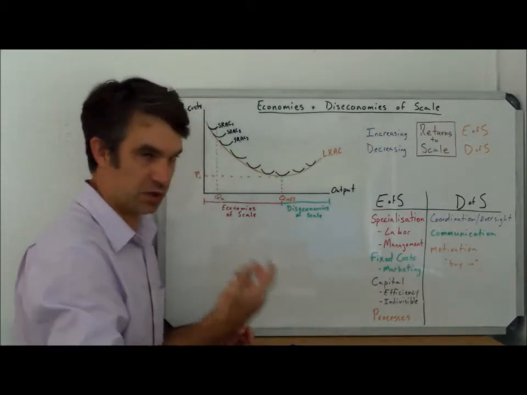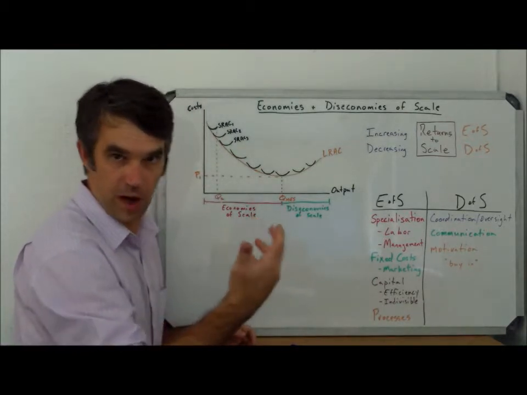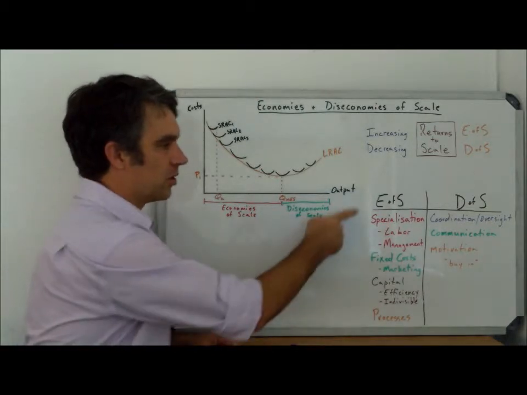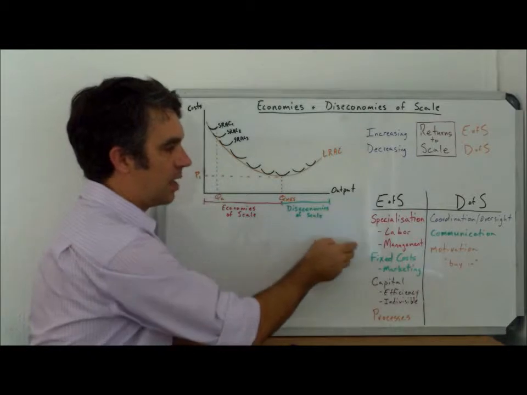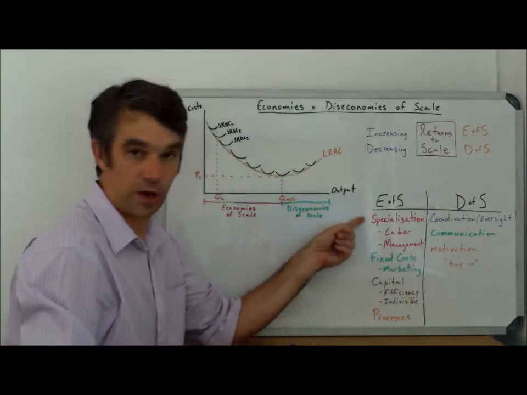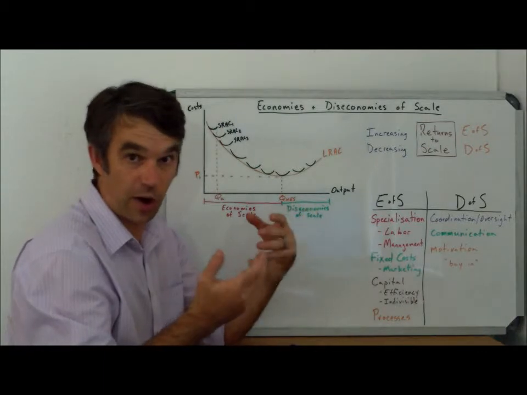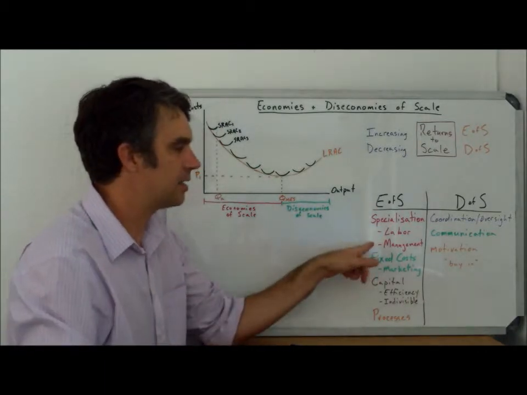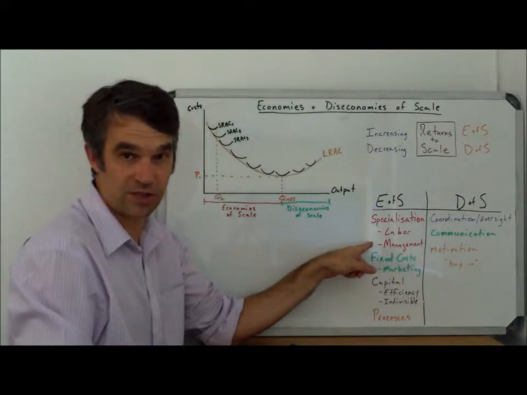The good results of making your operation, your firm, bigger and bigger and bigger, or scaling up, we call economies of scale. They include these here. We've talked about specialization of labor a lot, that different people are good at doing different parts of the production process. It's also important to remember that management is the same.